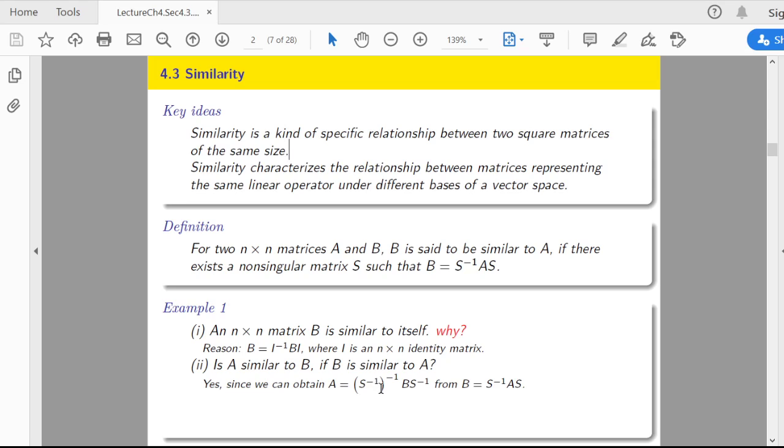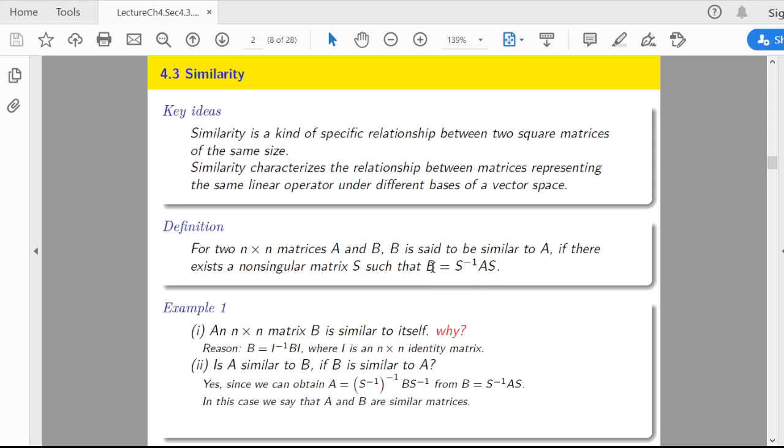So from here we can get A is also similar to B. Because of this, we say A and B are similar to each other. Let's take a look at the definition of this equation again.